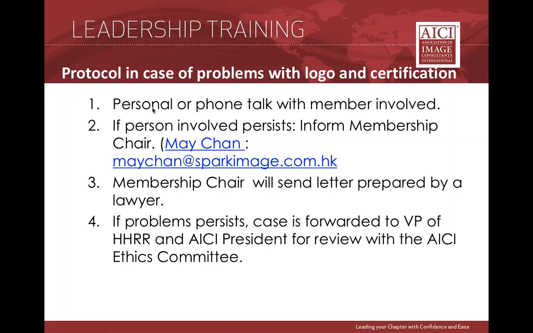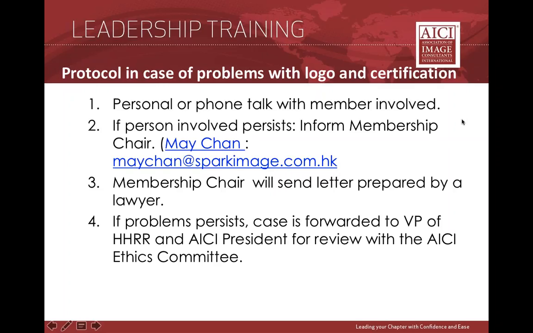And if the problem persists, you have to send all this information to me, and I will take it to the ethics committee, which will revise this with the ACI president and the lawyer that ACI has a contract with. Okay, so these are the four steps that we have to follow in case there is a problem with logo and certification.